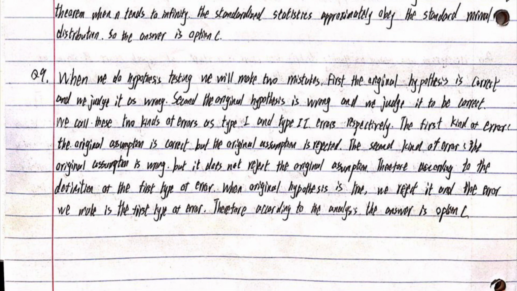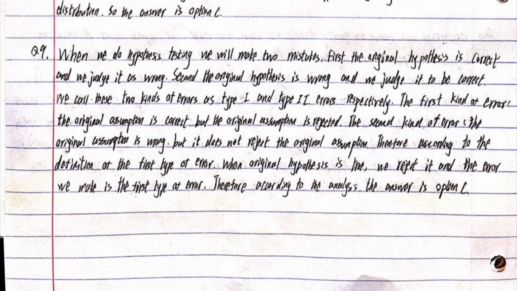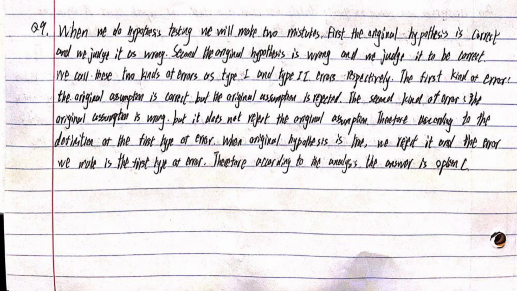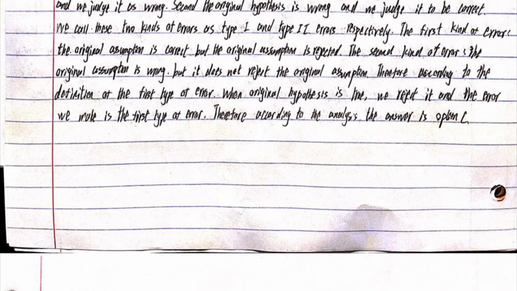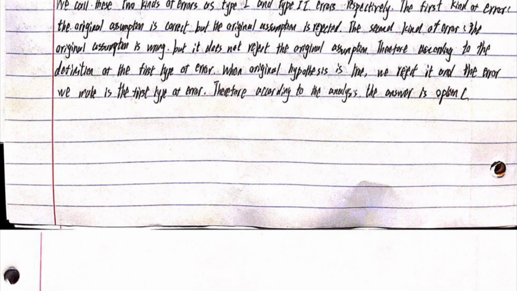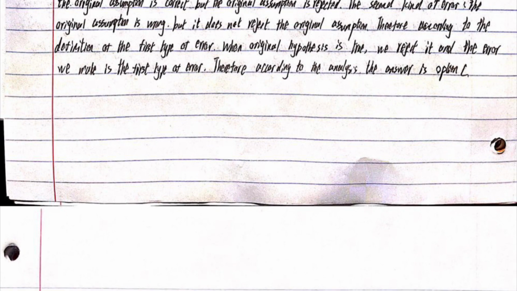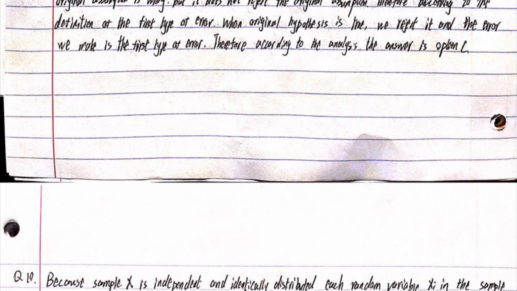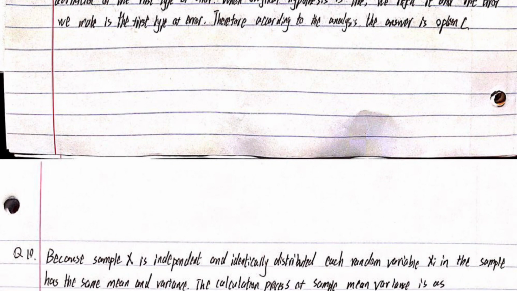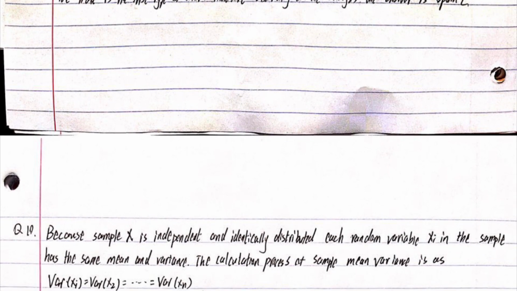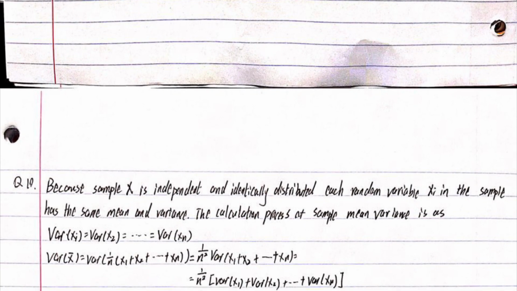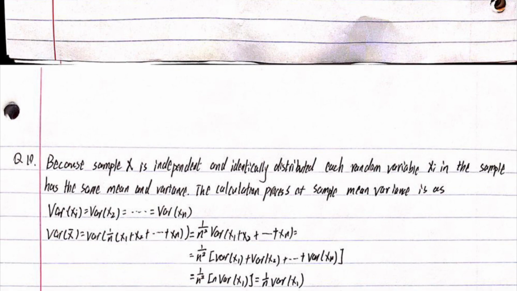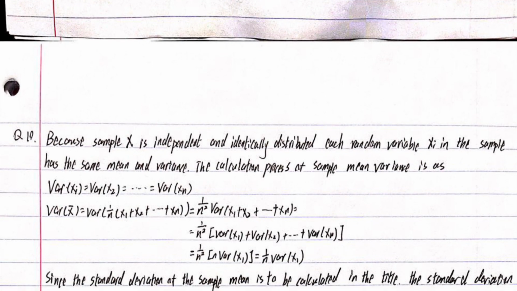Question 9. When we do hypothesis testing, we will make 2 kinds of mistakes. First, the original hypothesis is correct and we judge it as wrong. Second, the original hypothesis is wrong and we judge it to be correct. We call these 2 kinds of errors type 1 and type 2 errors. Representatively, the first kind of error is that the original assumption is correct, but it is rejected.